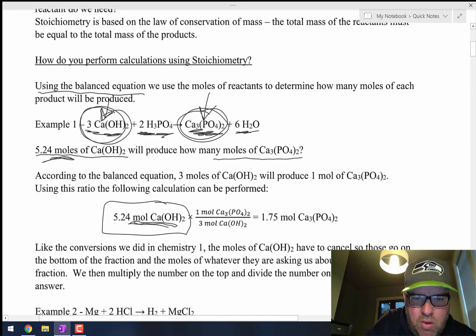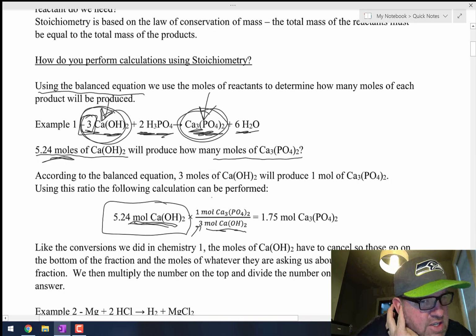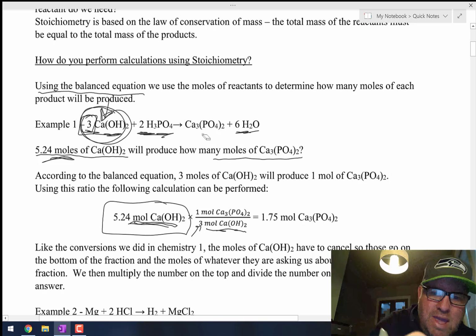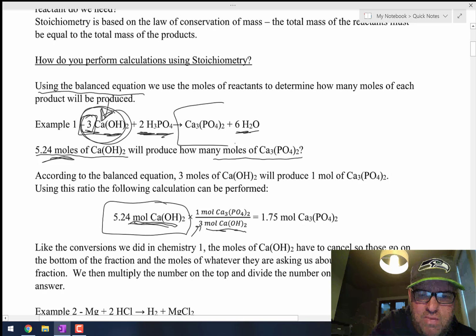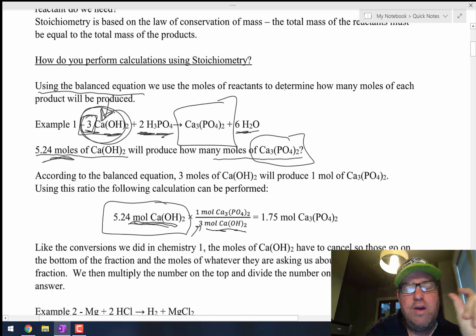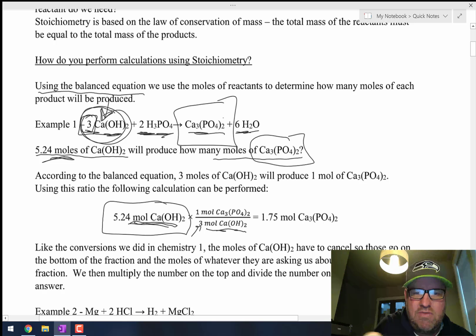So I put moles of calcium hydroxide on the bottom, and then I use the coefficient from the balanced equation. That's 3 moles of calcium hydroxide. Now let's come over here to what they're asking us about. Up there they were asking about eggs; now they're asking about calcium phosphate.